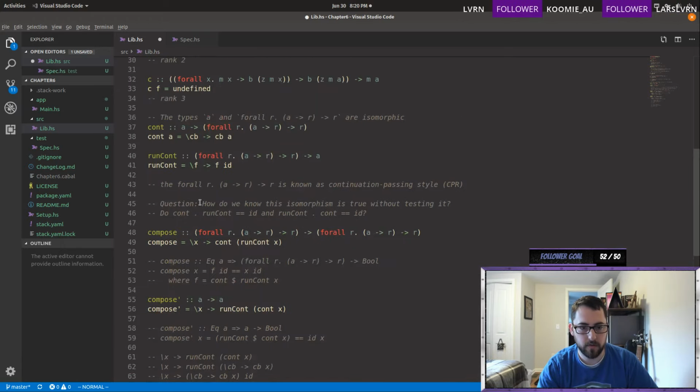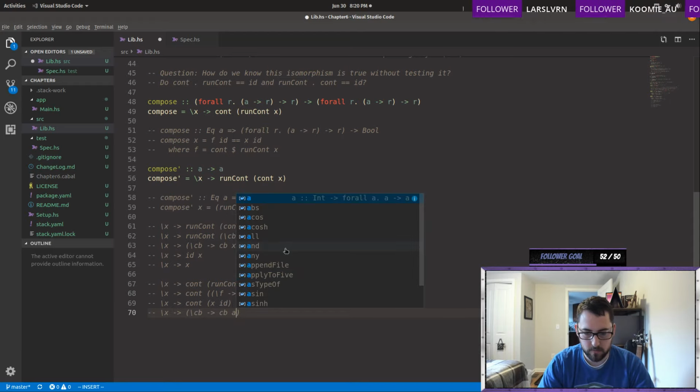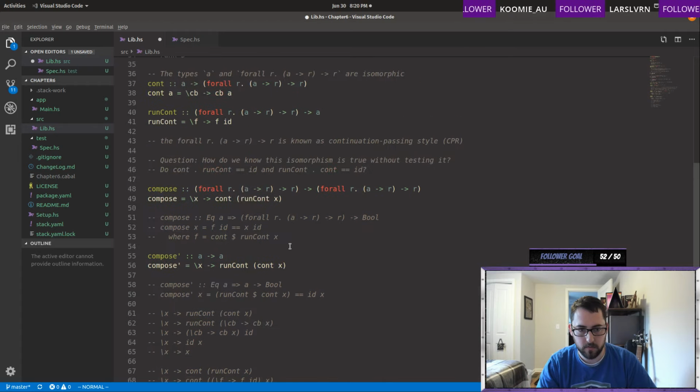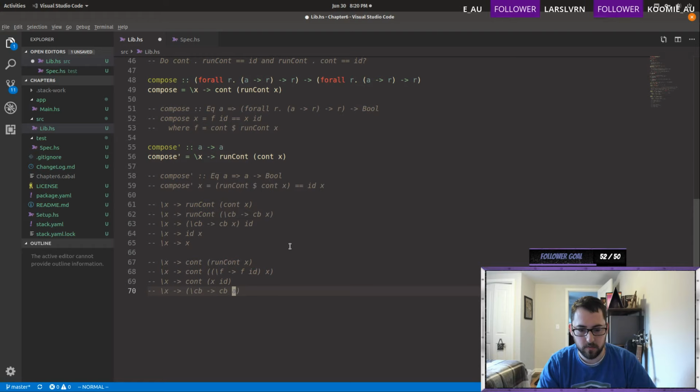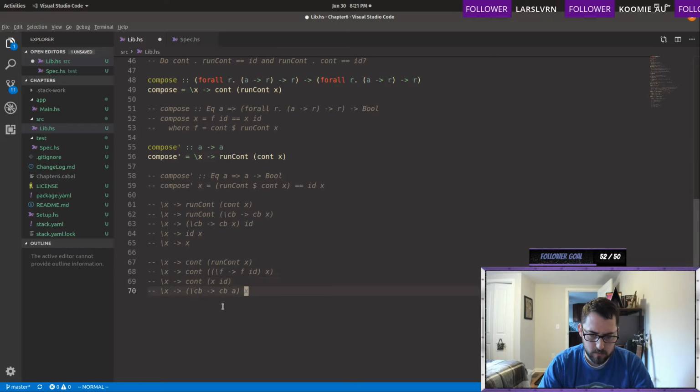And so continue is... what am I doing wrong here? Oh. This is A? And this is id?